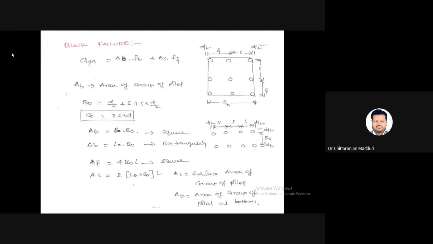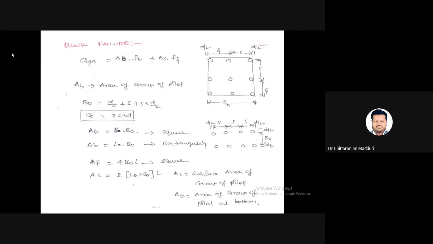A_S is the surface area of the group of the piles. So don't consider individual piles. It is a block failure. Consider it as a group. So area means area of the group of the piles at the bottom. A_S is the surface area of the pile group. F_S is the average undrained cohesion around the pile.